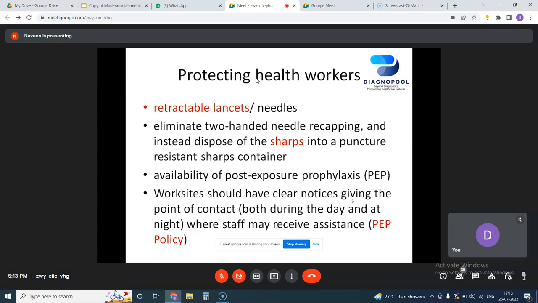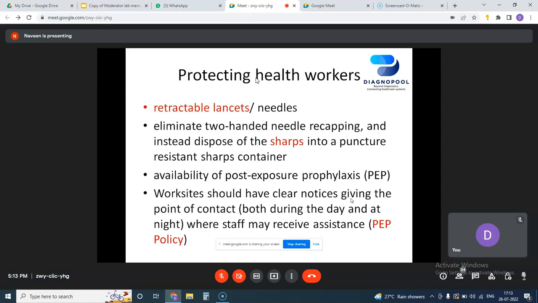And there should always be a post-exposure prophylaxis policy available in the phlebotomy room, and the phlebotomist should know what post-exposure prophylaxis is, when it is needed and whom to contact.